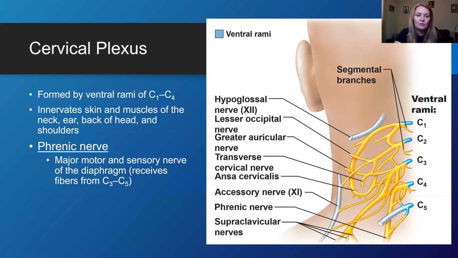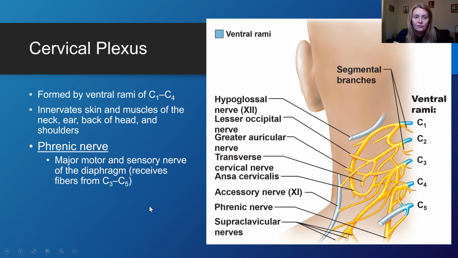Now, here's our cervical plexus. It's formed by rami C1 to C4, and sometimes C5. They innervate skin and muscles of the neck, ear, back of head, and shoulders. That makes sense, right? You're right there in the cervical region, so those are good organs to innervate.